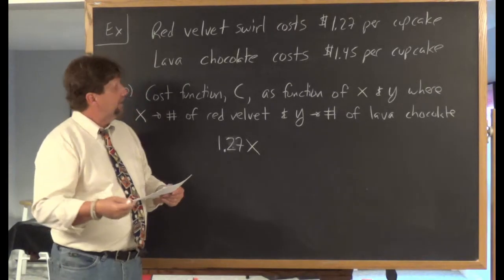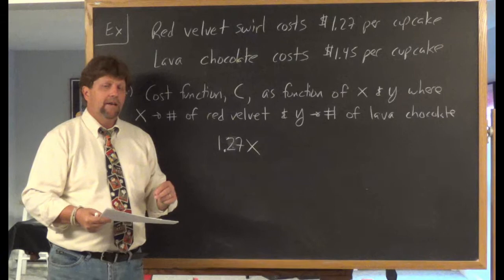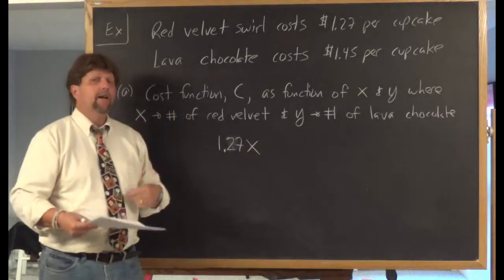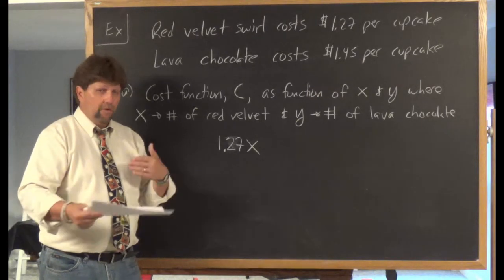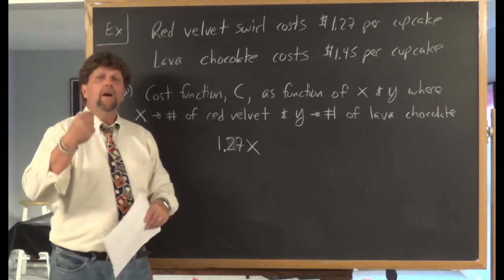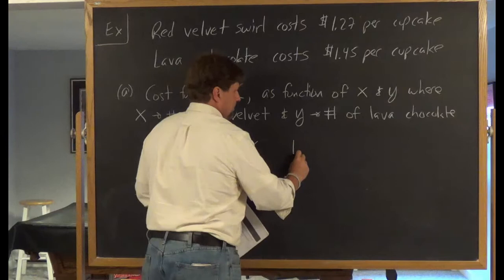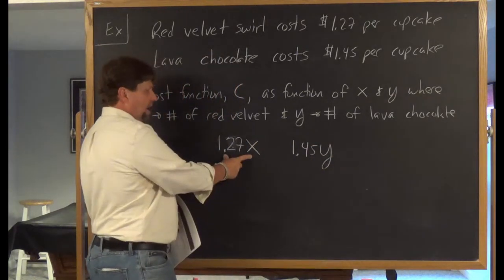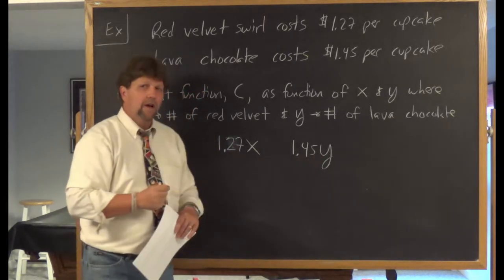Now for the lava chocolate, they cost $1.45 per cupcake. So if y represents the number of lava chocolate cupcakes, then the cost for those y cupcakes will be 1.45 times y. So this is the cost for the red velvet swirl, and this is the cost for the lava chocolate.